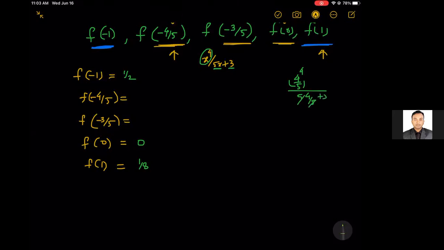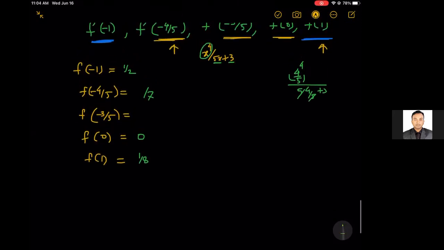It will be 7 in the denominator, that's for sure. And -4/5 to the power 4th. Can anyone use the calculator for me? And for -3/5, obviously the function becomes undetermined, right?